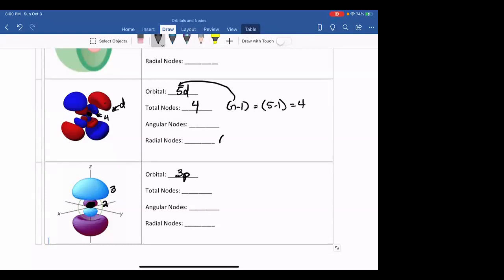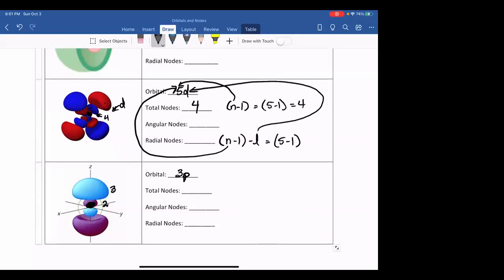The radial nodes is n minus 1 minus L. So n, again, is the 5, minus 1. And then our L is represented by the D. And anytime we have a D, that means L is equal to 2. So minus 2. 5 minus 1 is 4, minus 2 is 2. So the total radial nodes is 2.